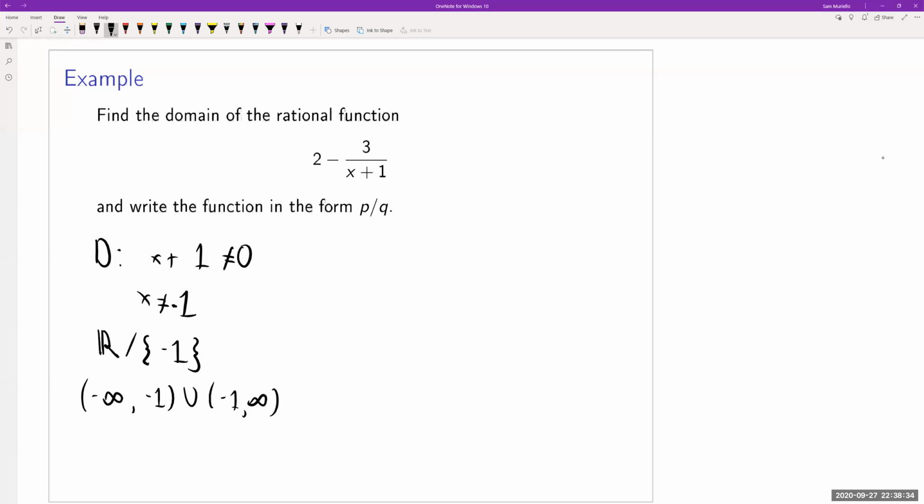It will also often be important to rewrite the rational function as a single fraction. So in this case, I would rewrite this first piece as 2 times x plus 1 over x plus 1 in order to get a common denominator.